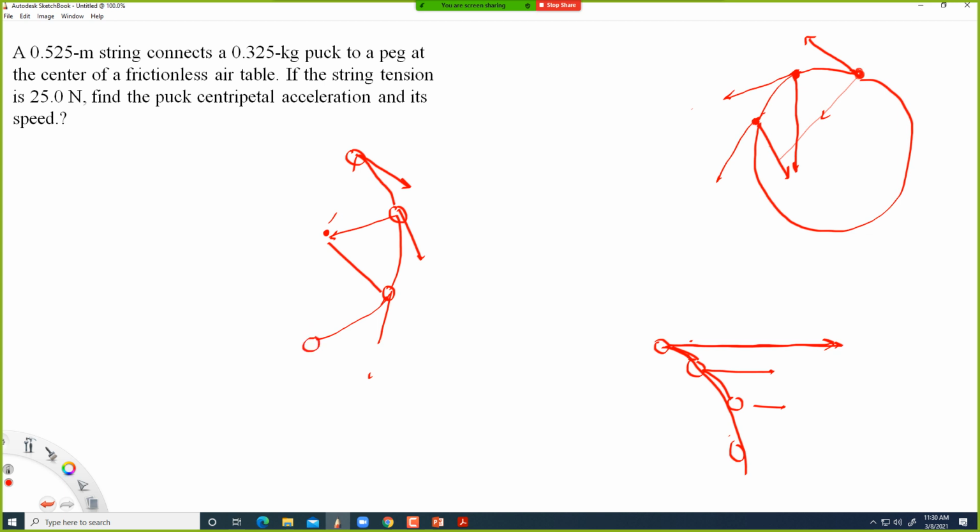Okay, and when it's moving that way, it's again trying to move straight, but because of this inward force, it's still in the circular track. Okay? So because of this centripetal force, the object remains in the circular track. It doesn't move away from the center.